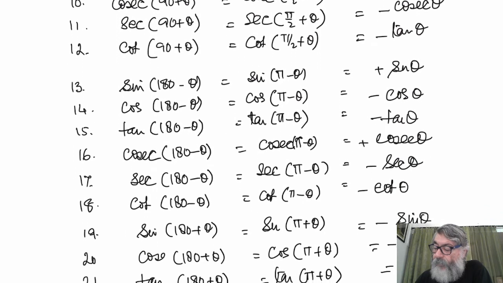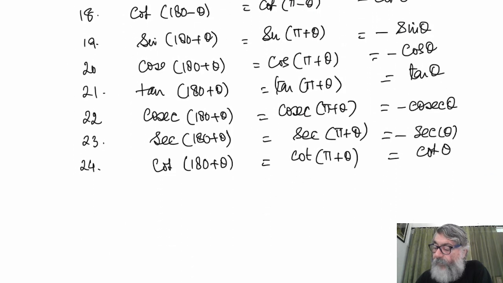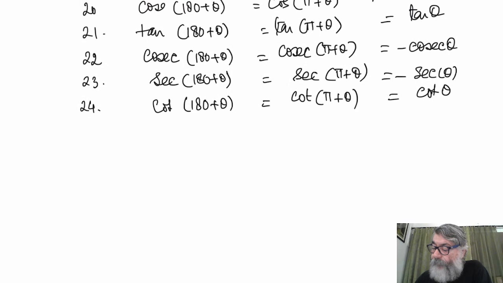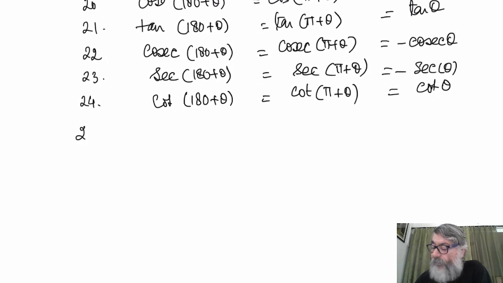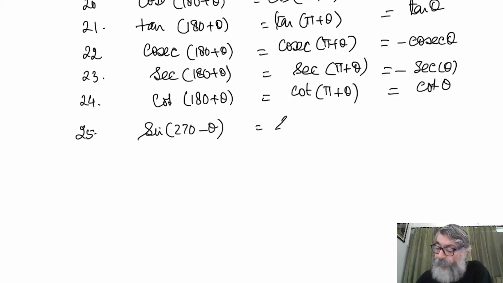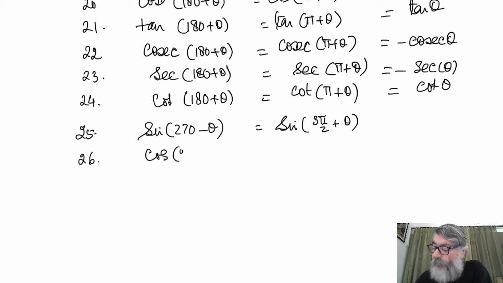Sine 270 minus theta, or sine 3 pi by 2 minus theta, sine 3 pi by 2 plus theta. 26, cos 270 minus theta, cos 3 pi by 2 minus theta.